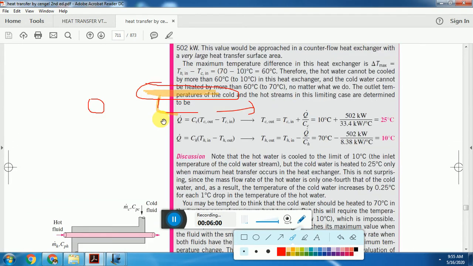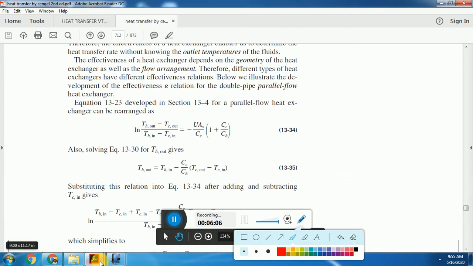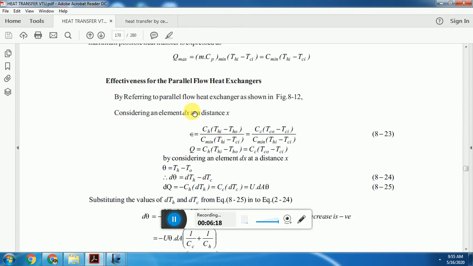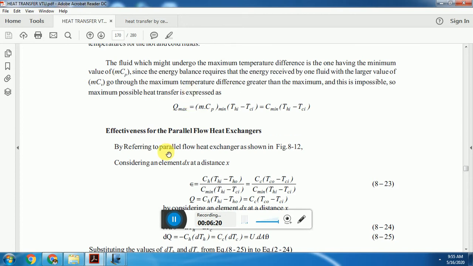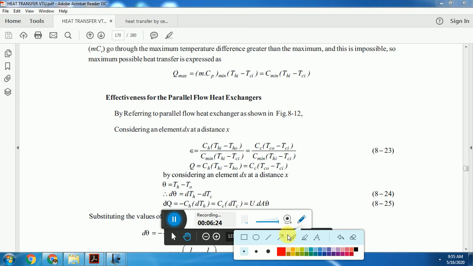Therefore, for a heat exchanger, effectiveness is equal to this equation.